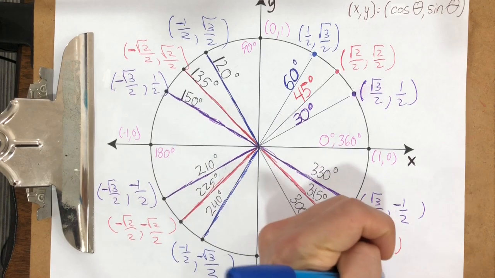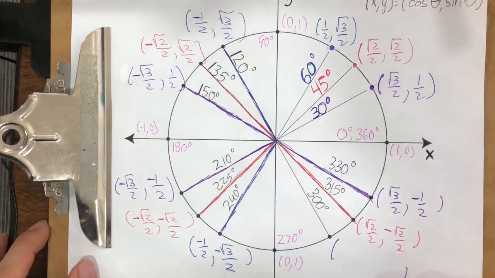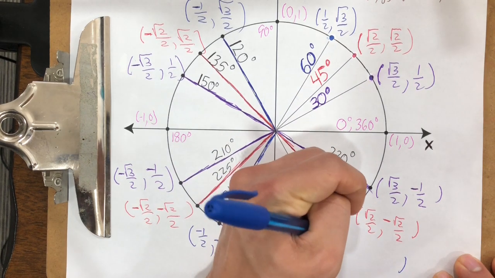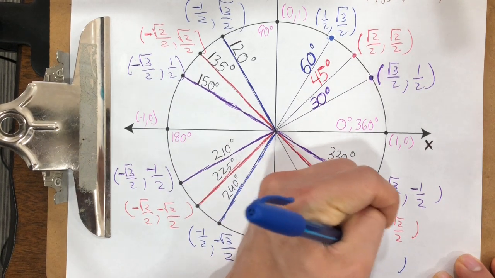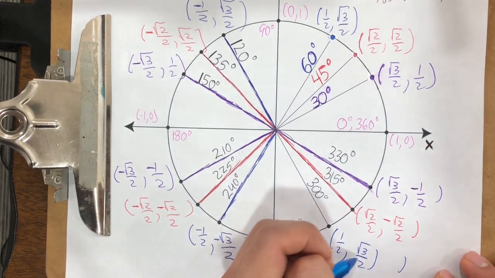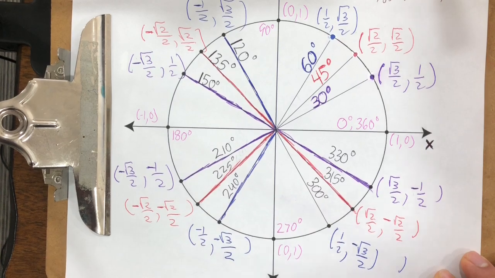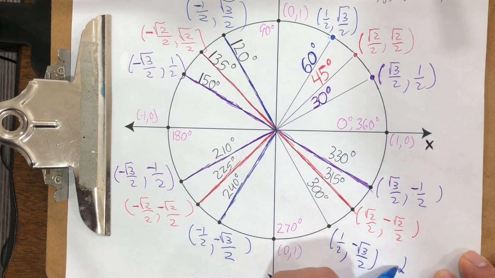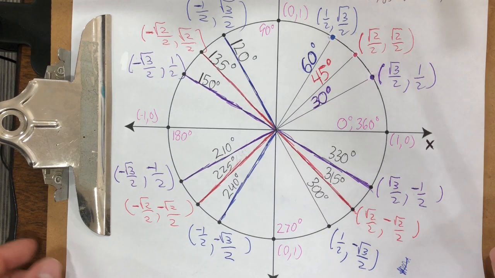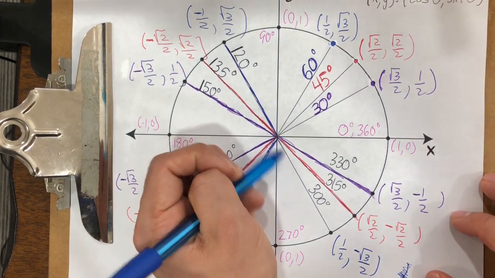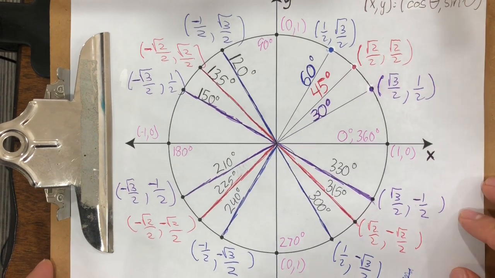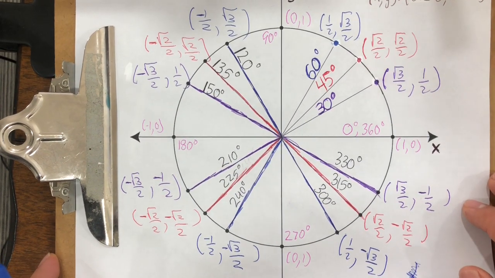So this one is going to be 1/2, comma, root 3 over 2. All right, and then remember, my y value is going to be a negative. All right, just actually cross this out. And then I'm going to shade this.